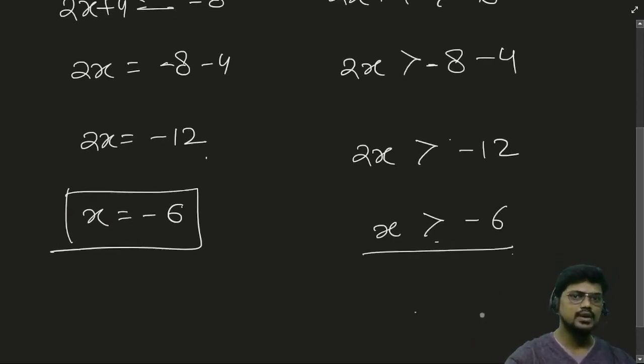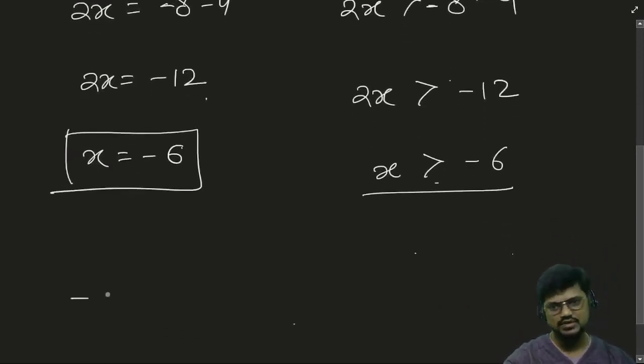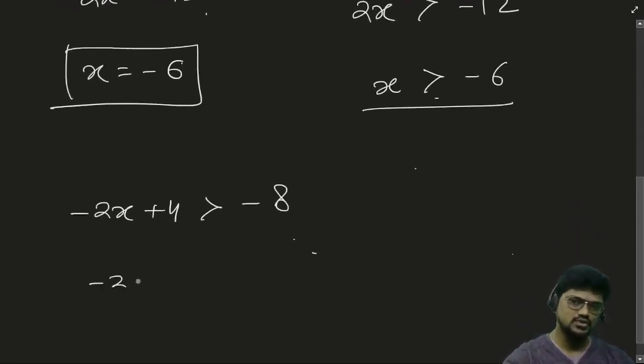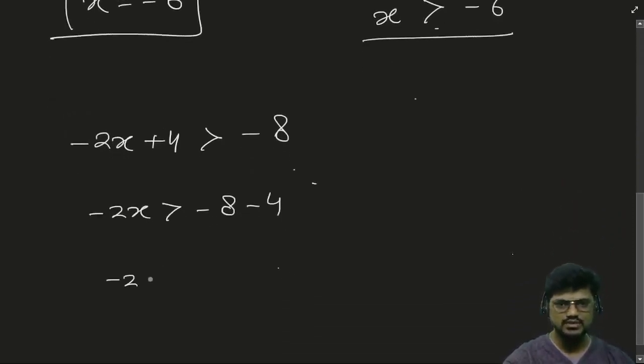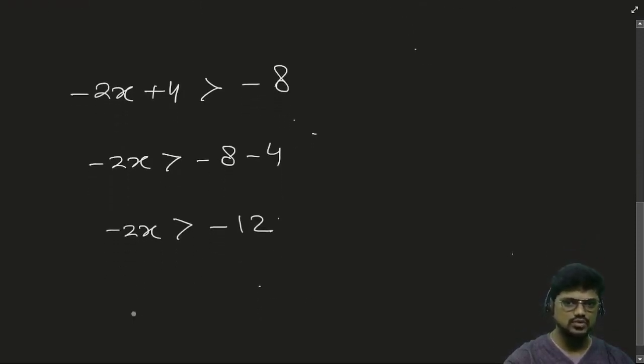But if the question is like this, minus 2x plus 4 greater than minus 8, then minus 2x will be greater than minus 8 minus 4. Then minus 2x will be greater than minus 12. And then if you divide with minus 2, you have to flip the sign. It will be x less than 6.